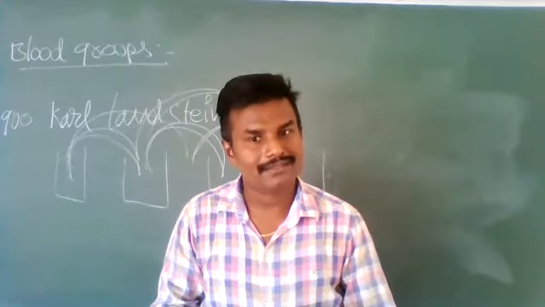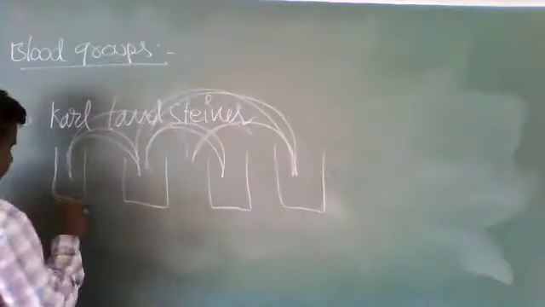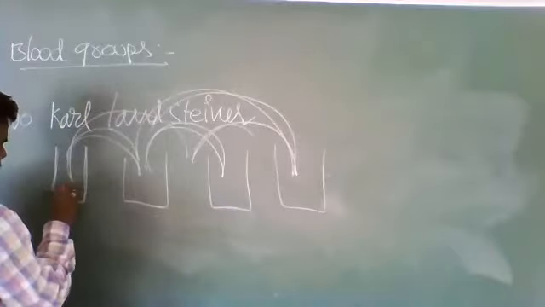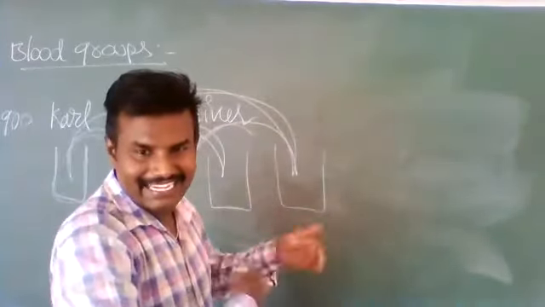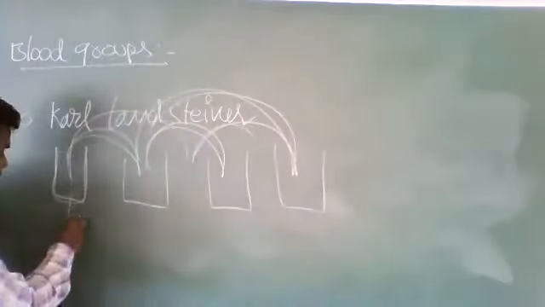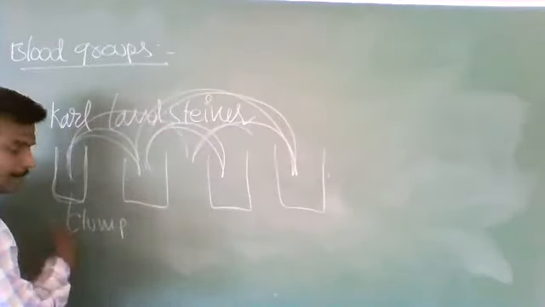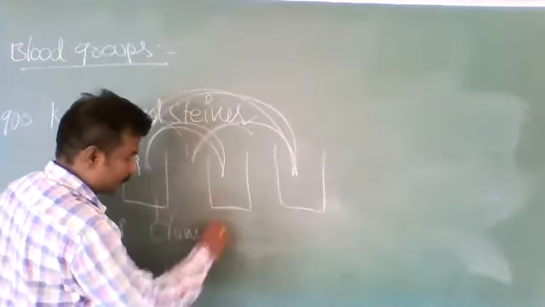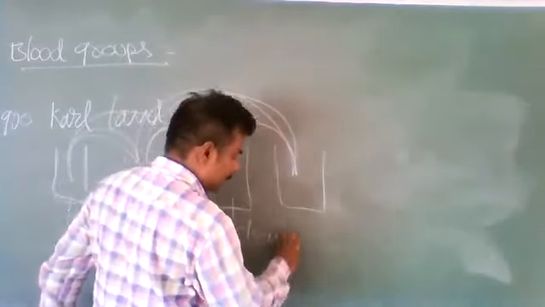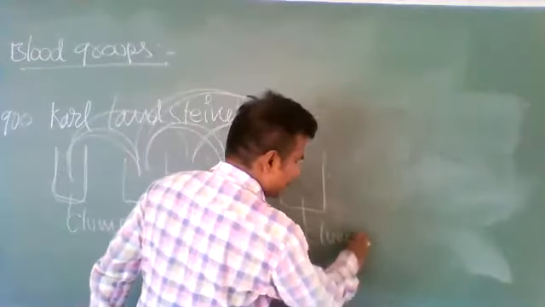What happens? The blood interacts with each other and clumps. Clump means clot. The blood clumps.